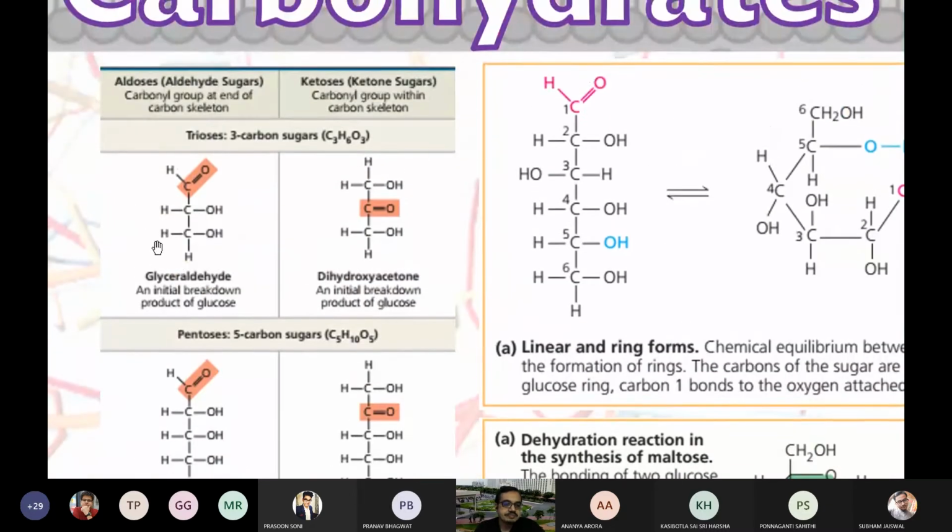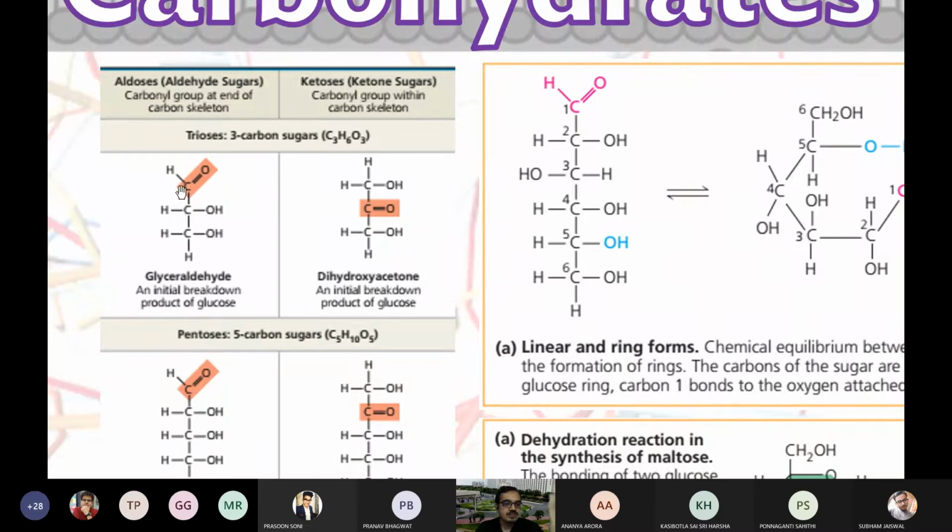We have glyceraldehyde. This is an intermediate in glucose breakdown. These are trioses, 3 carbon atoms. Why is it glyceraldehyde? It looks like glycerol, right? If you replace this carbonyl group with OH, it will be glycerol.